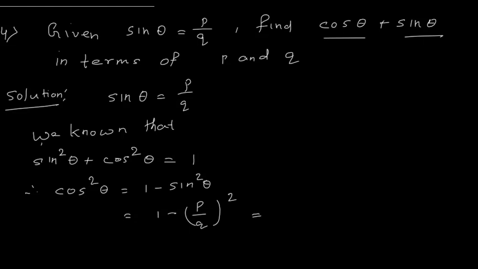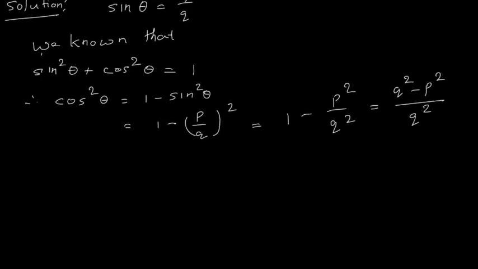So this will give me (Q square minus P square) whole divided by Q square. Okay, you first square this P upon Q and then expand. So let us write here by expanding: it is P square upon Q square. So this is (Q square minus P square) whole divided by Q square. This is the value of cos square theta.